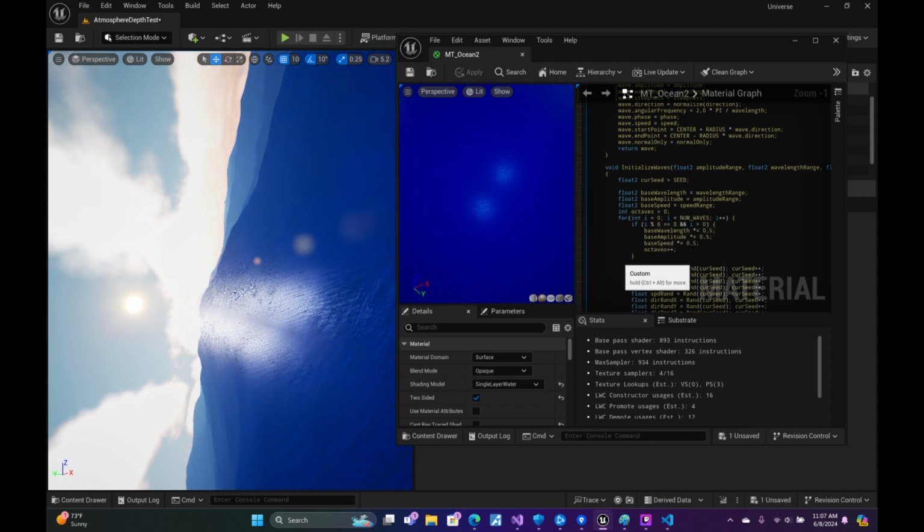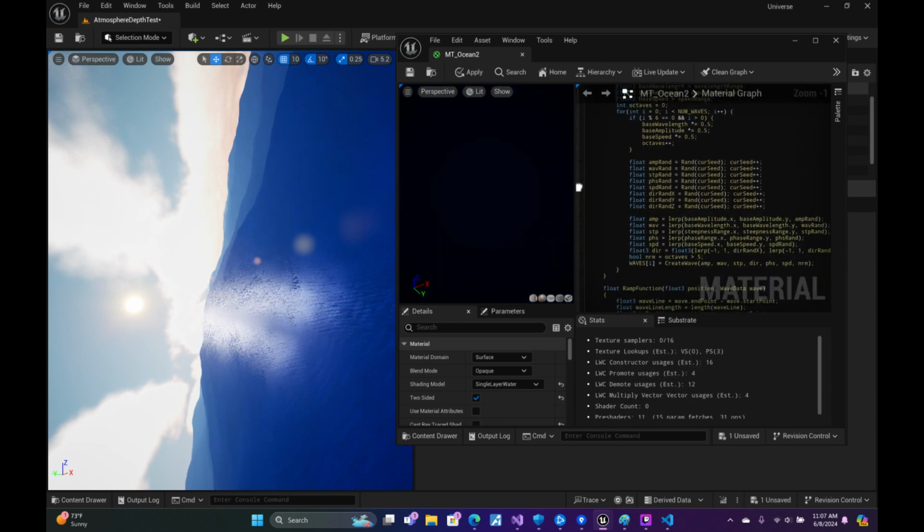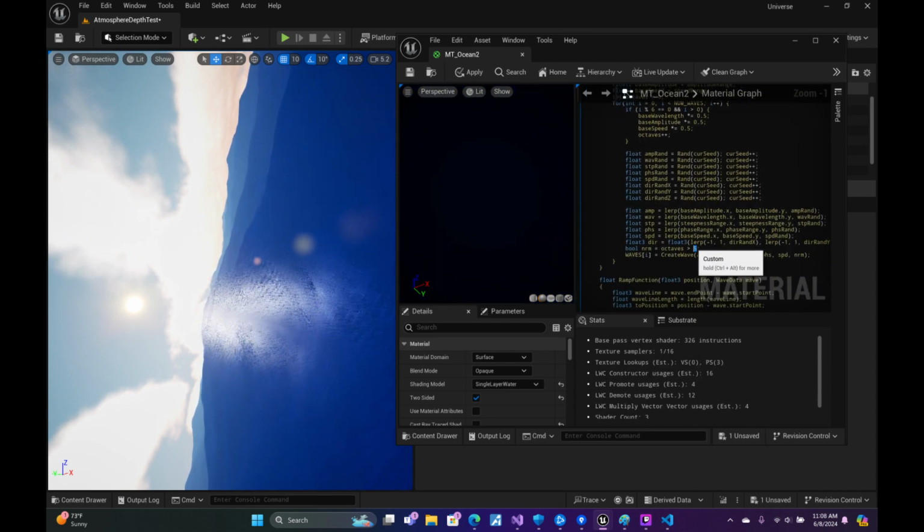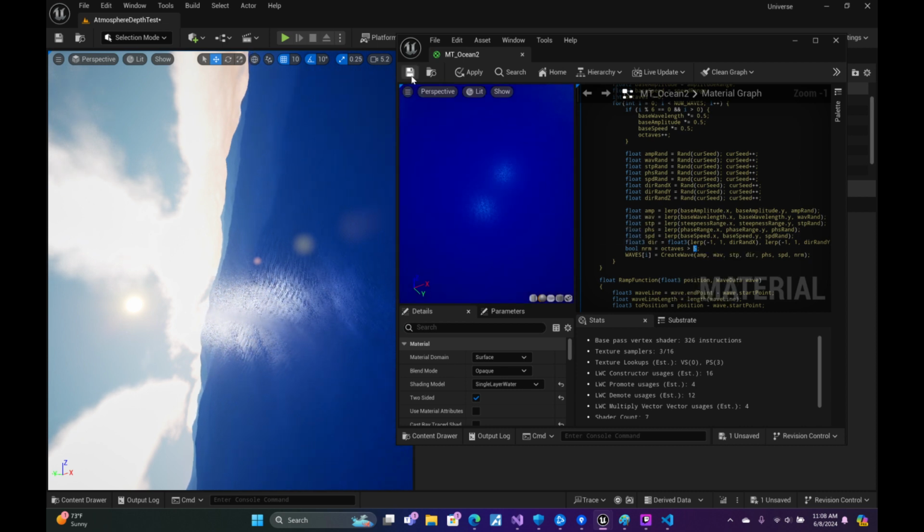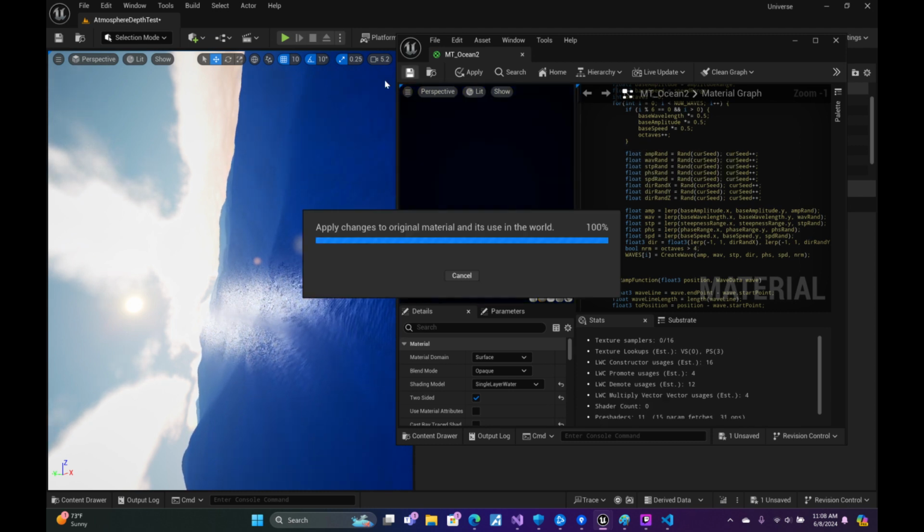Let's do 6. With 6, we would have 10 octaves. But we're only going to calculate normal for the last 6 of them. We're not going to do all of them.